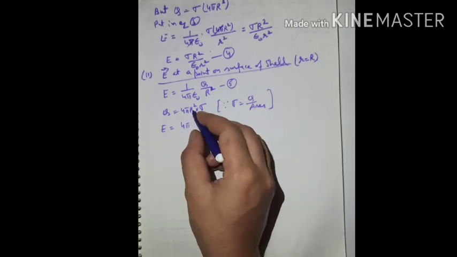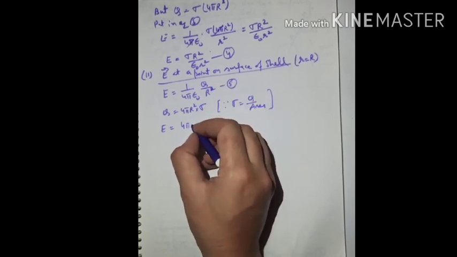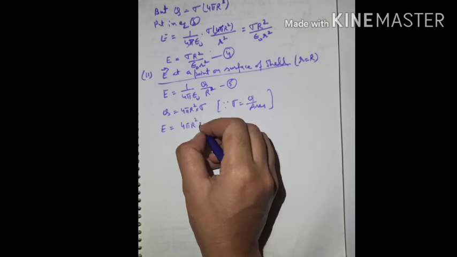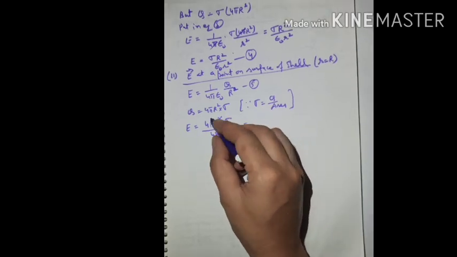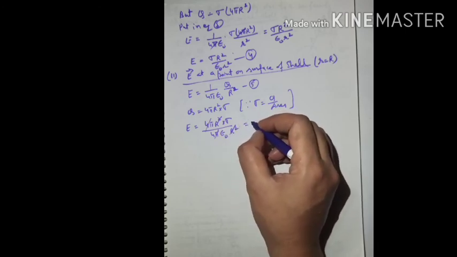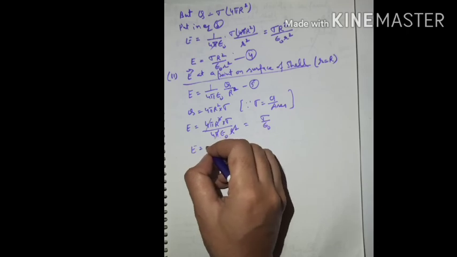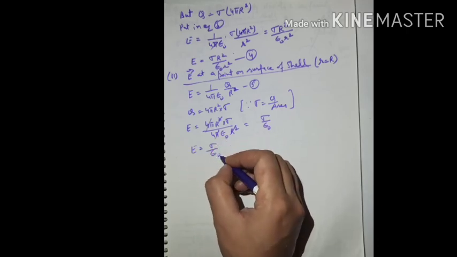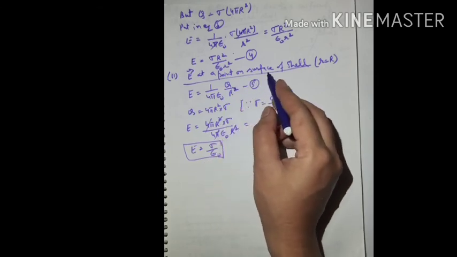Put the value of this capital Q in this equation: 4 pi R square into sigma over R square. R square cancels, 4 pi cancels, we will be left with sigma over epsilon naught. So E is equal to sigma over epsilon naught. This is the expression for electric field intensity at a point on the surface of a shell.